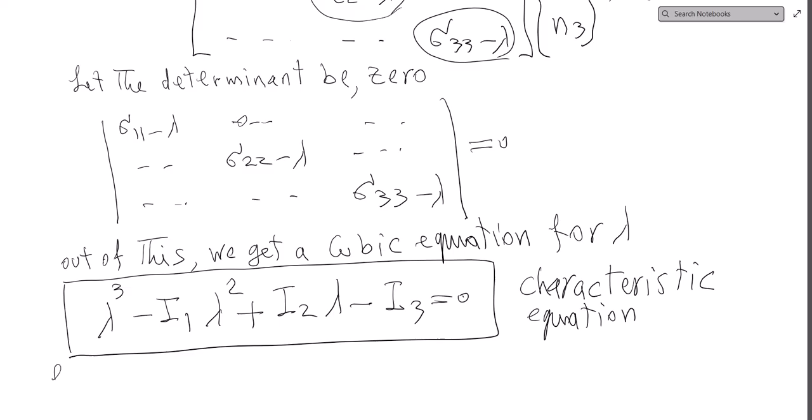For symmetric tensors, in most of the cases that we have in practice in engineering, we have three real roots. Not always does a cubic equation have real roots, but here we call them lambda 1, lambda 2, and lambda 3.